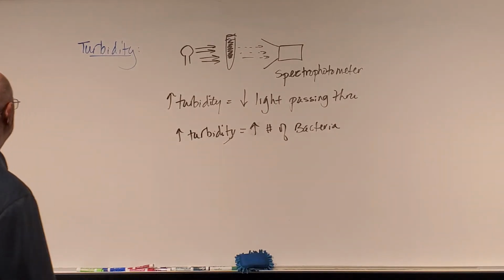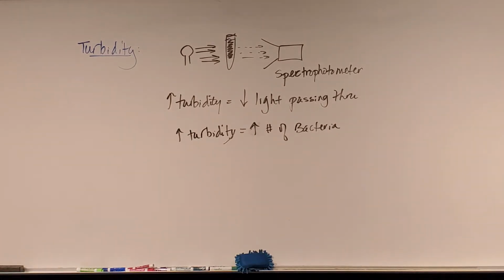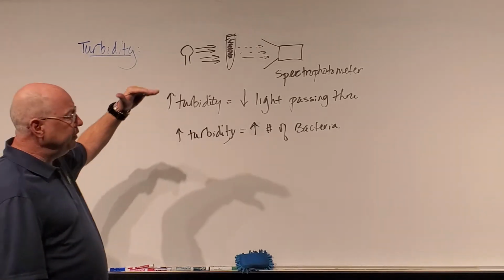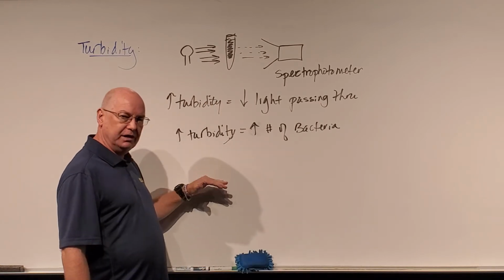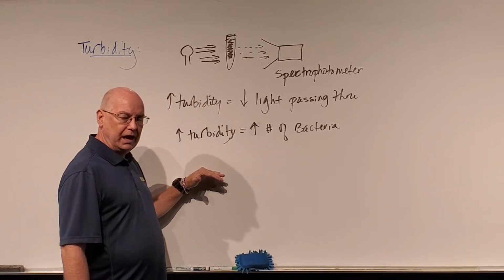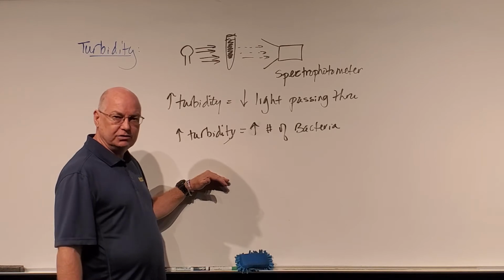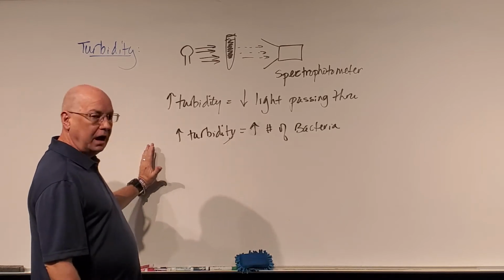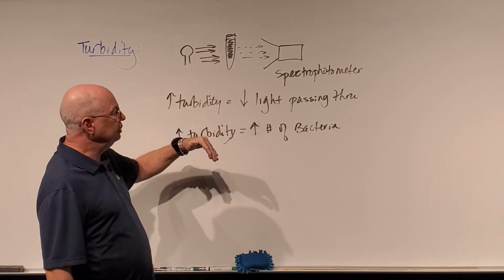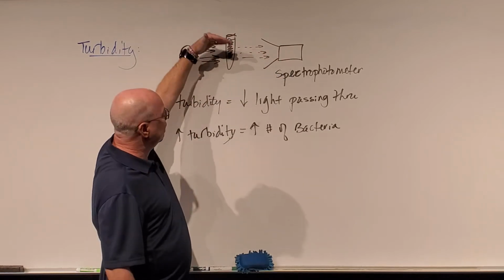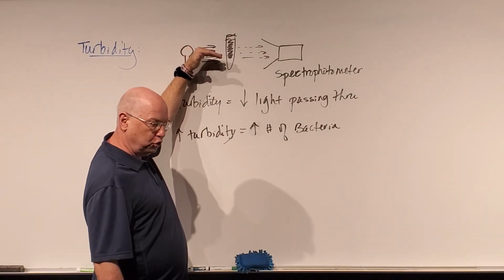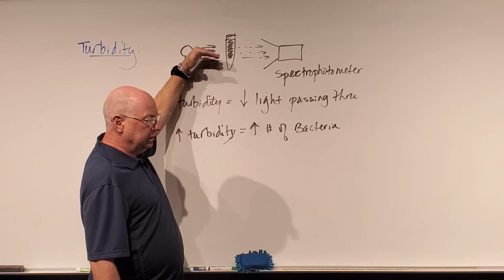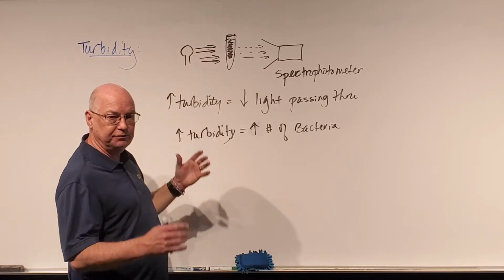Now, one of the things I want to point out about this is that this does not allow us to measure very small changes. So if I were to go, say, from a handful of bacteria, say 1,000, to 1,000,000, I could measure that difference. 1,000 would let a lot of light through, would not be very turbid, and a very turbid medium would mean lots of bacteria.